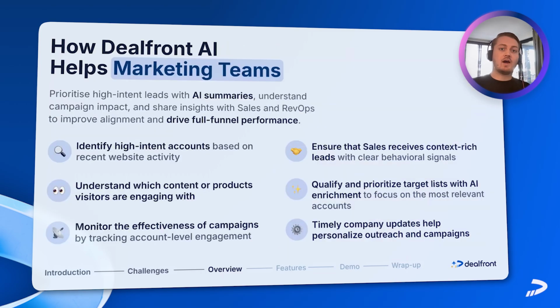So first of all, how can we focus on and help the marketing teams? By prioritizing high intent leads with AI summaries, we can understand campaign impact, and we can share insights with sales and RevOps to improve the alignment and drive full funnel performance. What we typically already do, of course, with Leadfeeder is identify your high intent accounts, so we can see which ones are currently visiting the website.